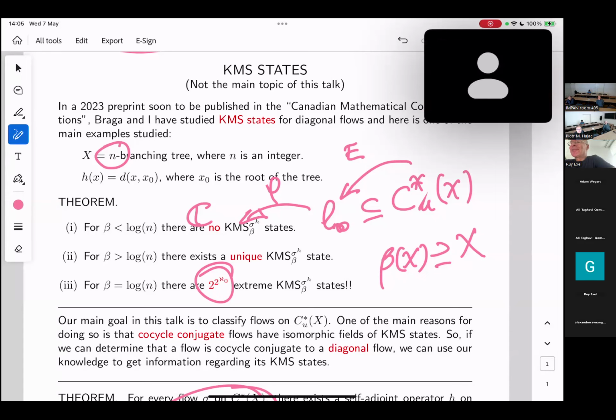Yes. I just have a small question about the embedding of L infinity in the row algebra. Is it a trivial question, what is the idealizer of L infinity in the row algebra? So L infinity is a Cartan subalgebra. What exactly do you mean by idealizer?